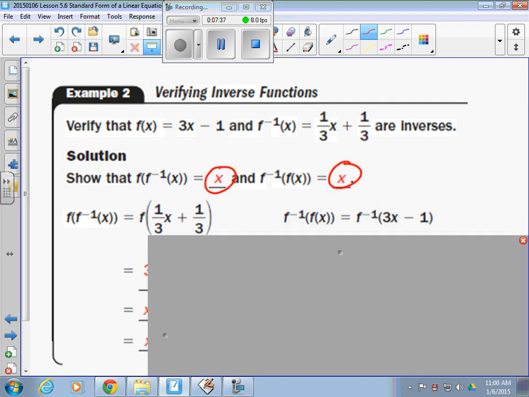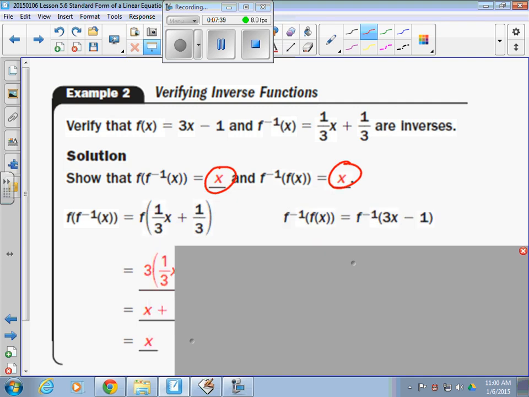So notice started off the first one. We'll do the first one first. It says f of 1/3 x plus 1/3. Notice we're just plugging in place of those, we're plugging these things in.